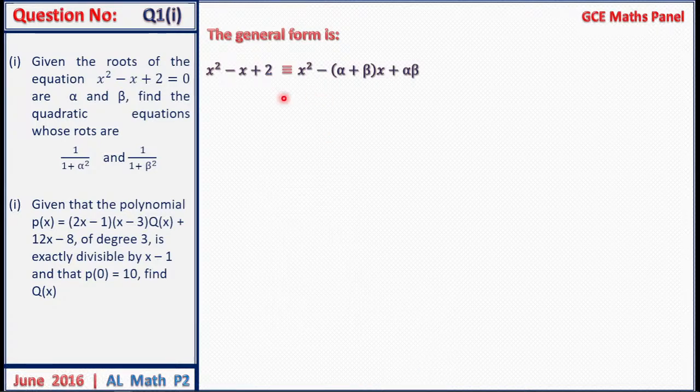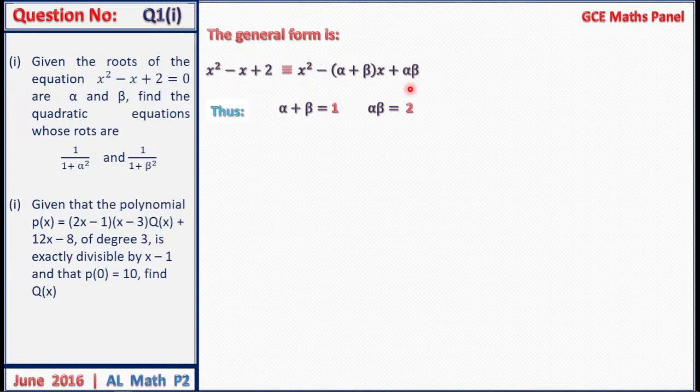So it therefore means, if we look at it identically, minus (alpha plus beta) is equal to minus 1. So our sum of roots is alpha plus beta, and our product of roots, which is 2 here, is equal to alpha beta. So thus we have alpha plus beta equals 1 and alpha beta equals 2.